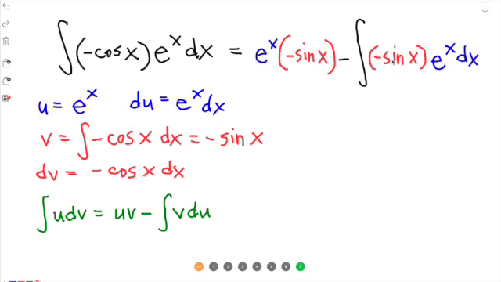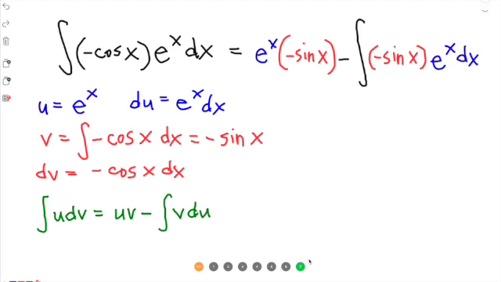Or in order to evaluate this integral, we can take the negative sign out, so that would be plus.